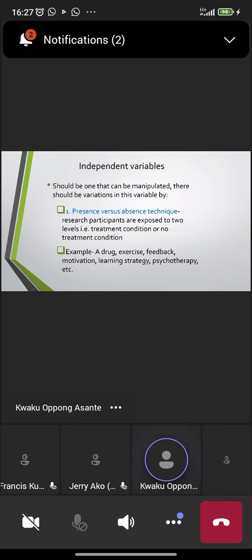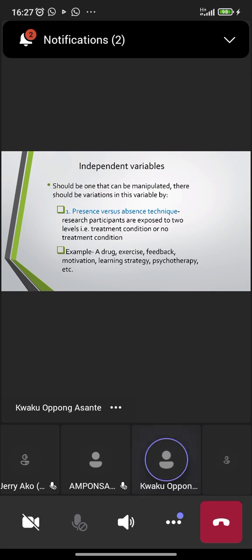So I can have two categories of drivers, or two categories of the IV. We have those who will be given alcohol and those who will not be given alcohol. So the simplest form where we can manipulate the independent variable is what we call presence and absence. Those who are exposed to and those who are not exposed to.